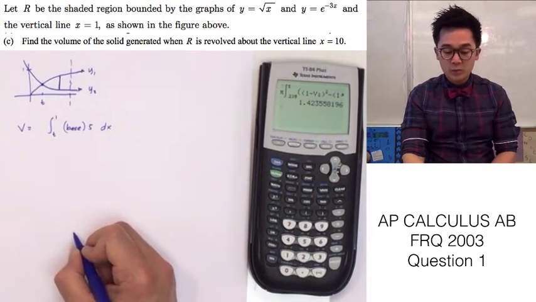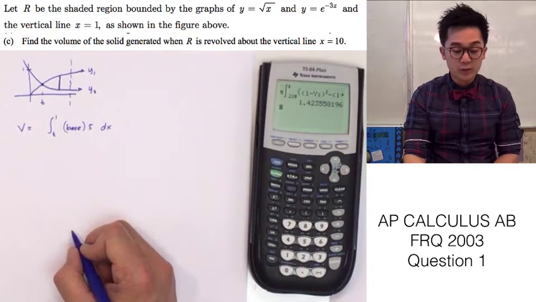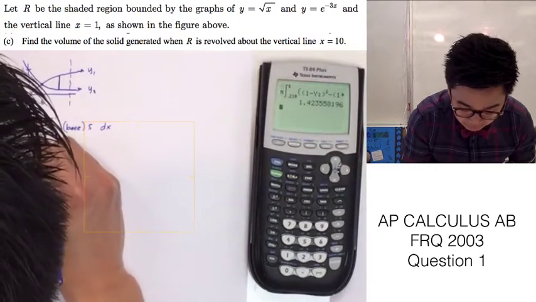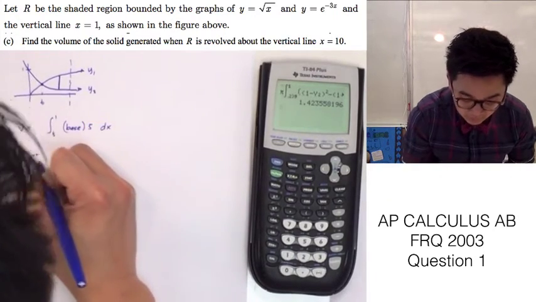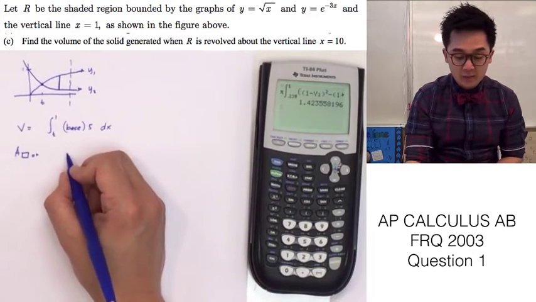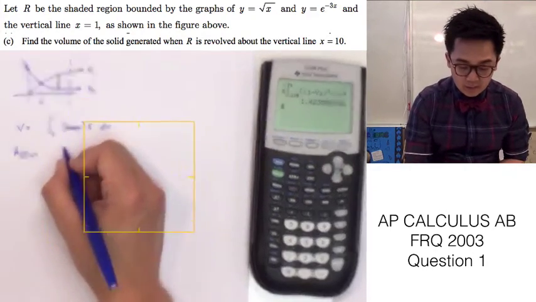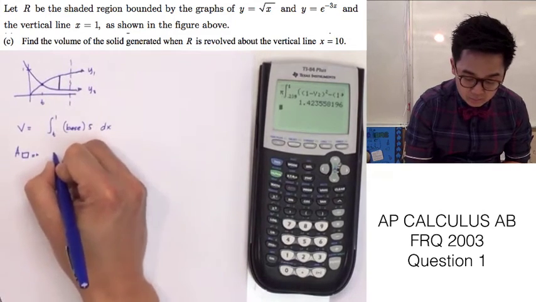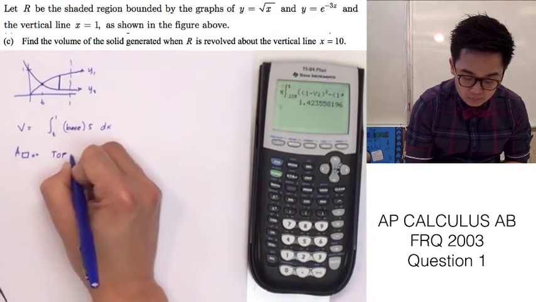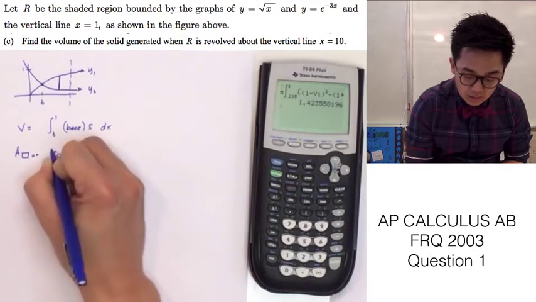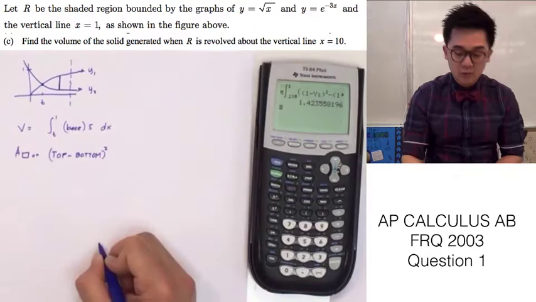Now the question is, what will be the equation or the function for our base? And the base, according to this problem, is a rectangle, and we know that the area of a rectangle is length times width. So in this case, we have just one base right here, which is top minus bottom, and we're just going to square it.